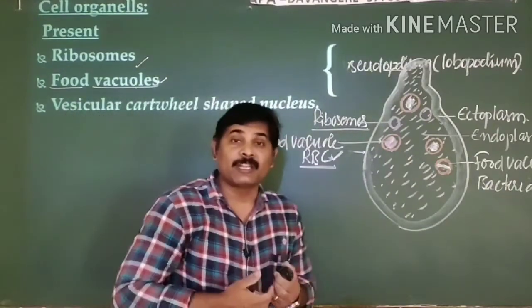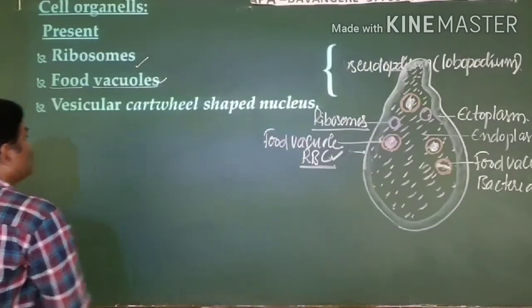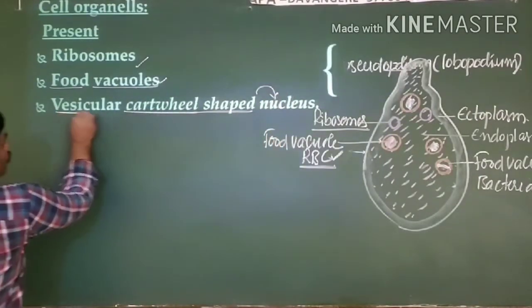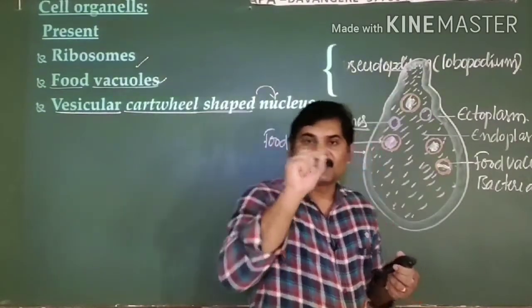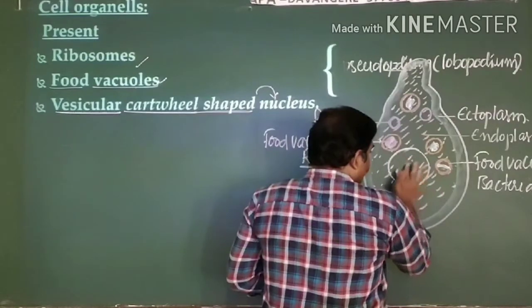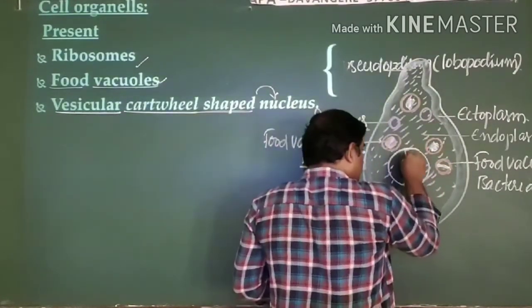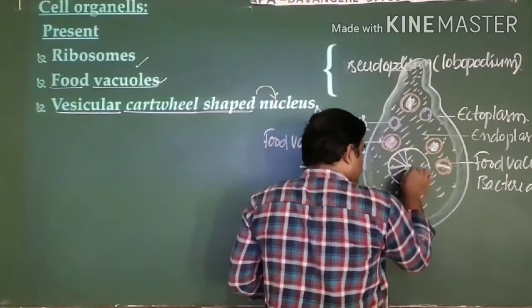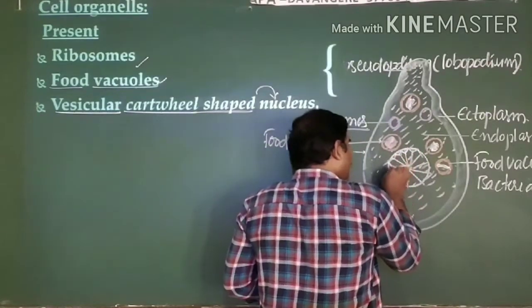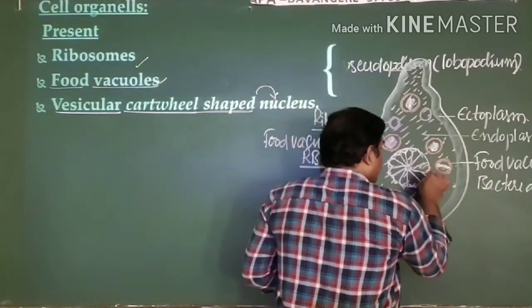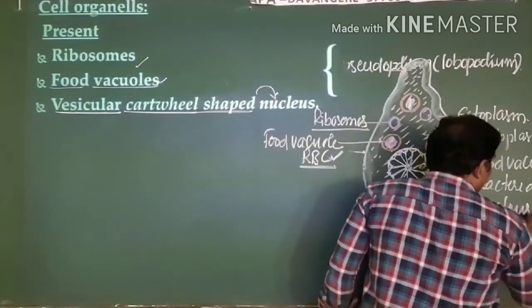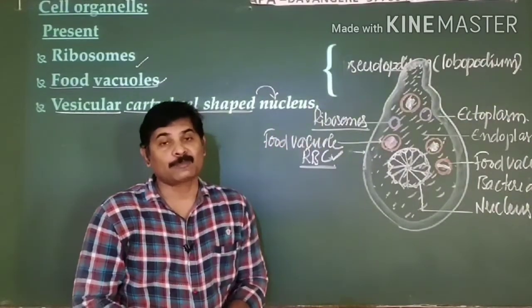This nucleus is cartwheel shaped, and it is vesicular, in the sense that at its center you can see a spacious area. Observe the nucleus here; at its center is the vesicular part, and it has a cartwheel-shaped structure. The cartwheel-shaped nucleus is a very prominent characteristic feature of Entamoeba histolytica.